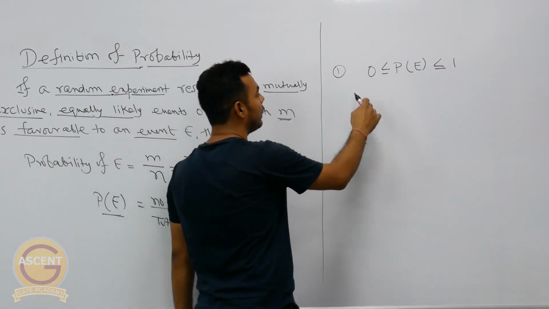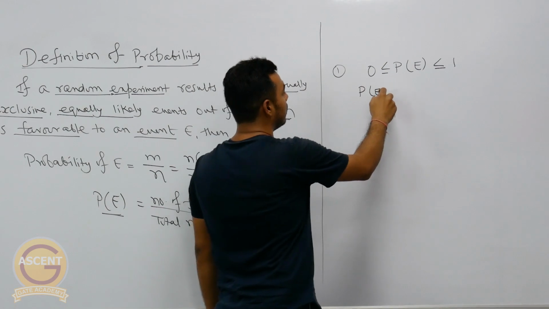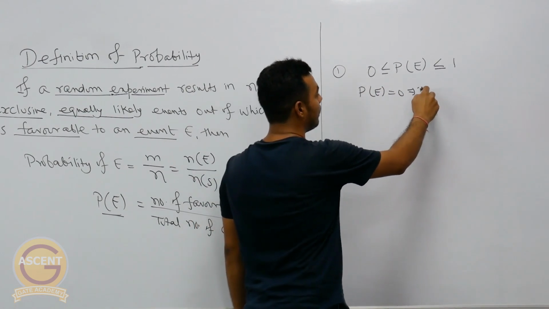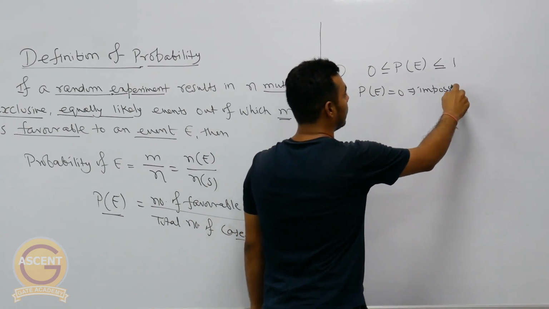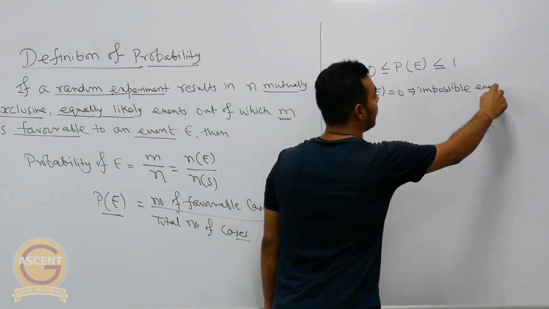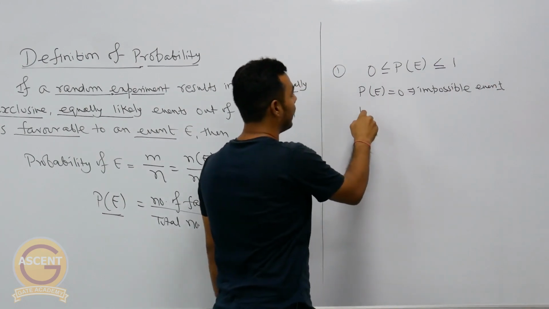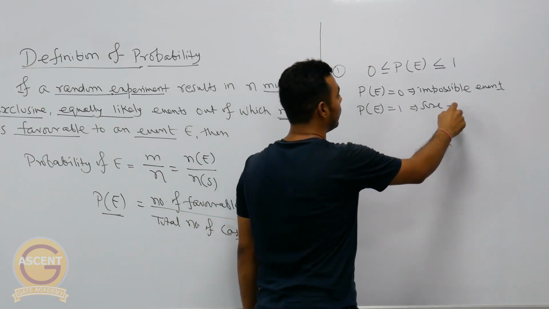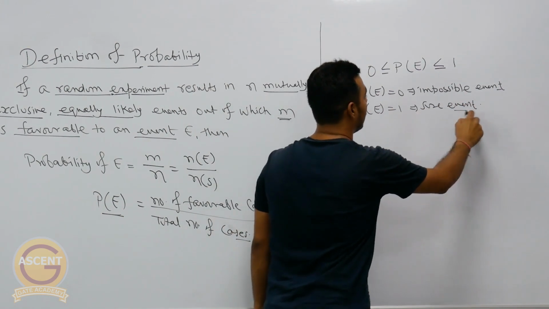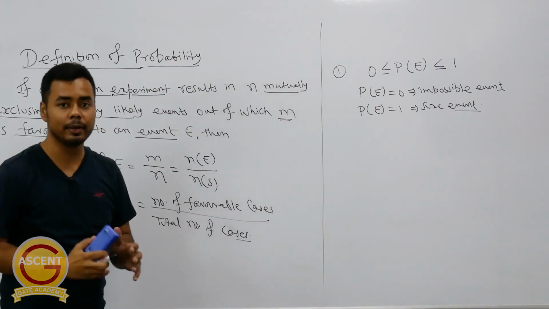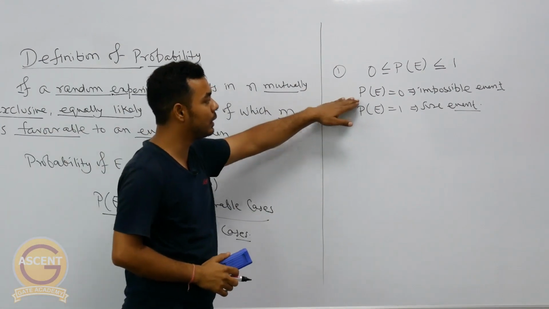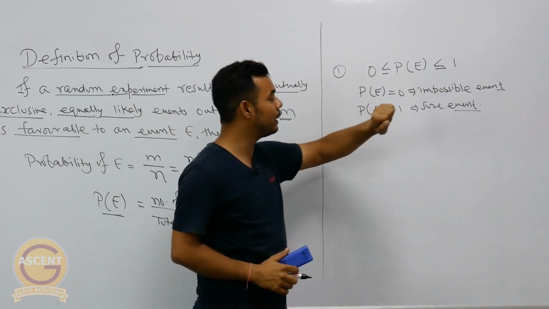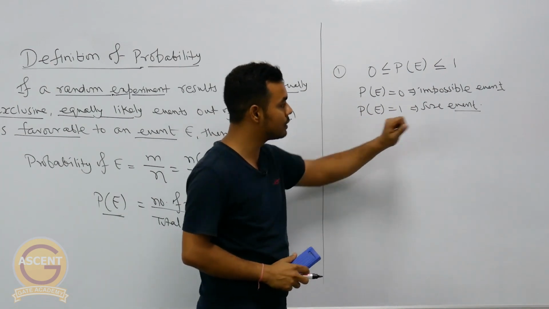If the probability of any event is 0, then that event is called an impossible event. And if the probability of any event E is 1, then that event will be a sure event. So the first point: probability of E is a number between 0 and 1. If it is 0, the event is impossible. If it is 1, the event is sure.